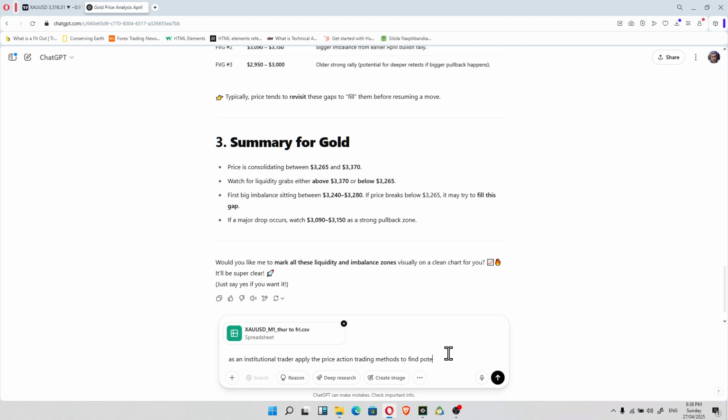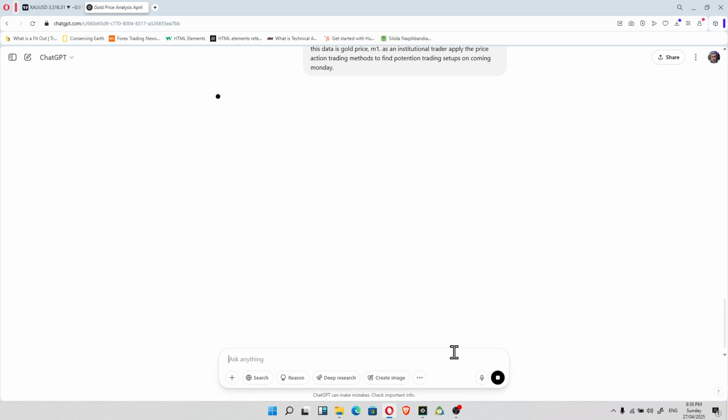Find potential trading setups for the coming month from this data for price M1. Let's see what ChatGPT is going to do with us.